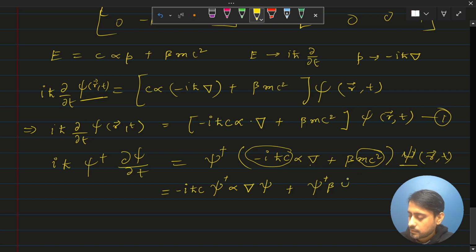Just write this, and then the mc square constant will be multiplied. So now we have written it like this.